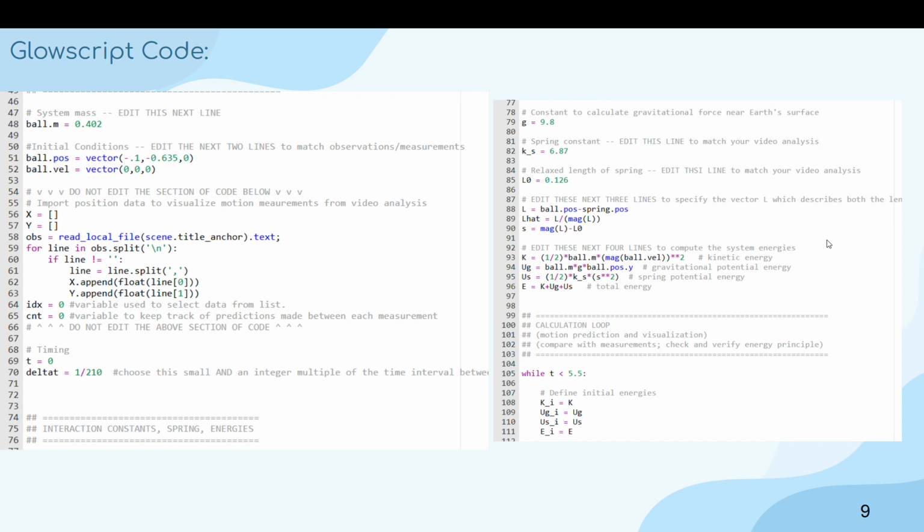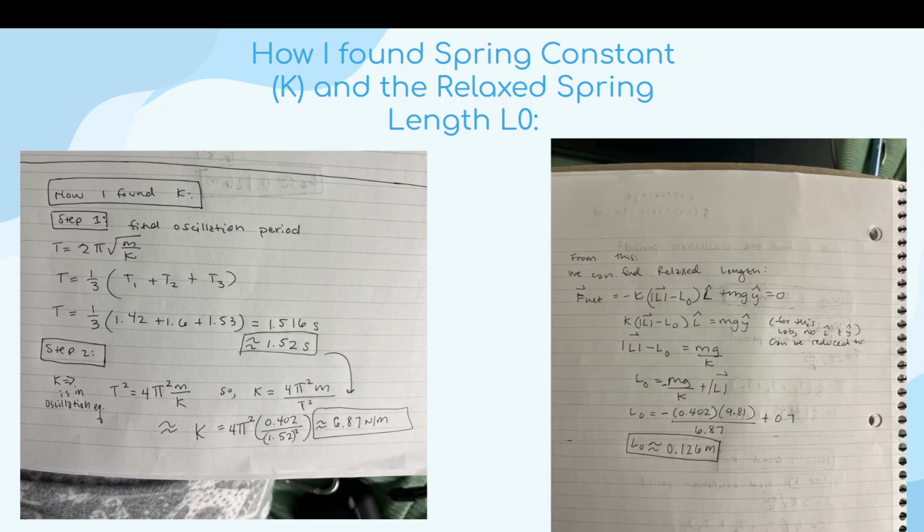So some GlowScript code that's really important for this: you can see on the right the spring constant K and the relaxed length of the spring, L naught. I found those values by first finding the oscillation period. So I found K by taking the timestamps of an oscillation period, three of them, in the Y direction, and then I put that into the formula where K is in the oscillation equation.